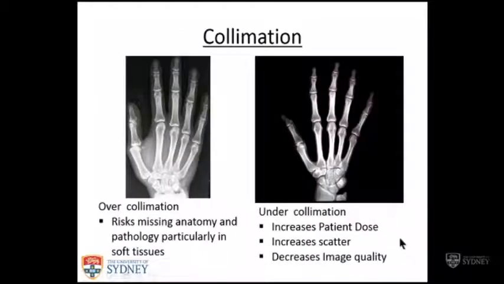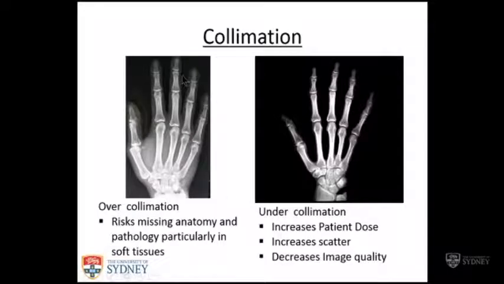Now, one word on collimation. Collimation is best, of course, when it's done just right. But we do tend to go one way or the other. If we over-collimate, well, we risk missing anatomy and pathology, particularly in soft tissue, so we don't want to do that. Now, under-collimation, which means we haven't collimated enough, so realise it's the opposite of what you might think.